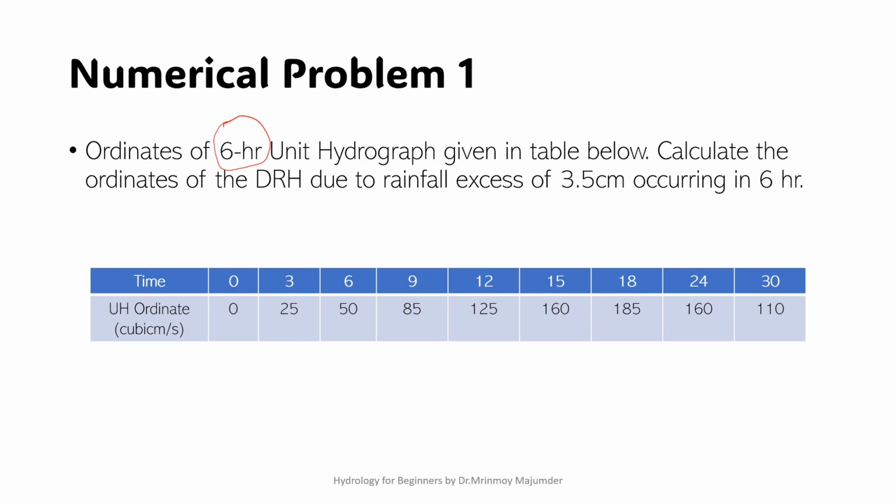That means 1 centimeter rainfall has taken place for 6-hour duration, and then this hydrograph has been generated. This direct runoff hydrograph has been generated. Clear?